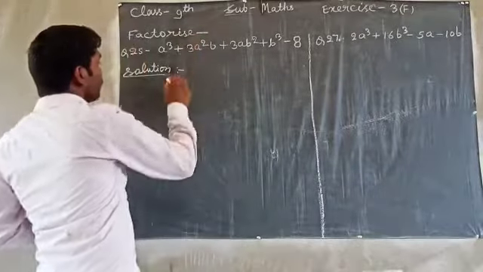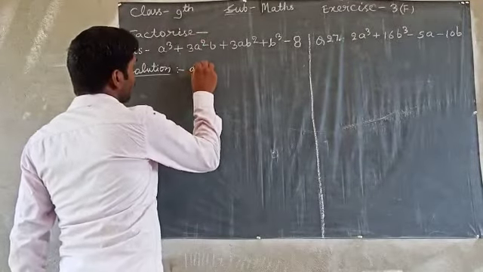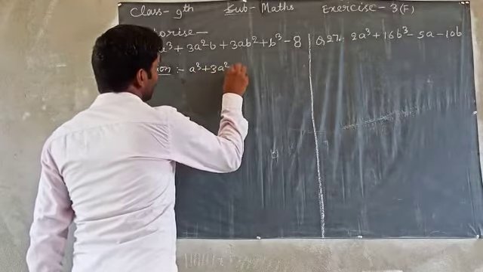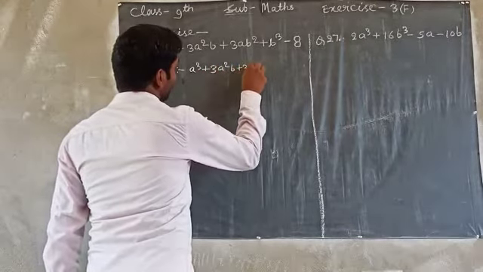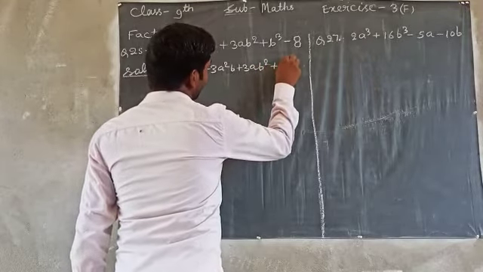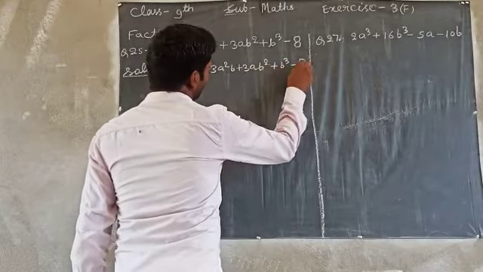So now we will solve it. a cube plus 3a square b plus 3ab square plus b cube minus 8.